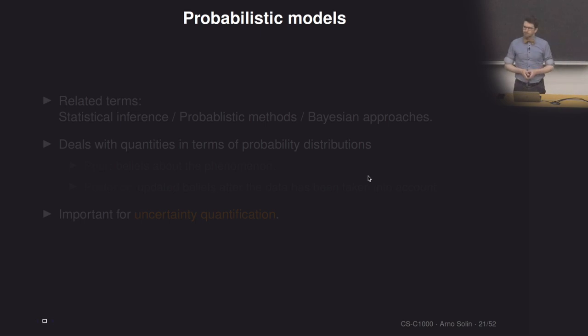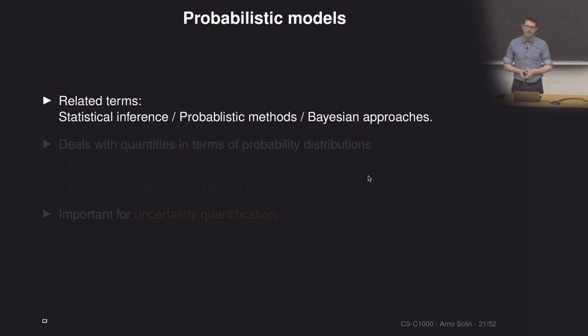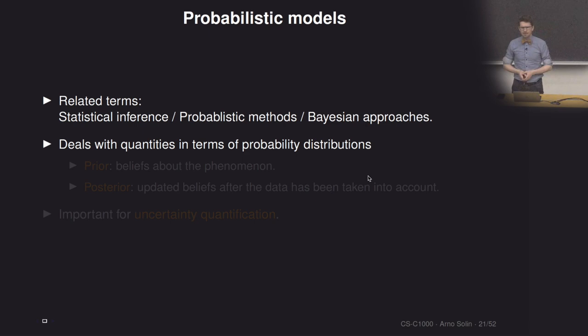Probabilistic modeling. Related terms to this are statistical inference, probabilistic methods, or Bayesian approaches. And probabilistic modeling deals with quantities in terms of probability distributions. And the mindset here is the same, that the model has in it the prior beliefs about the phenomenon.